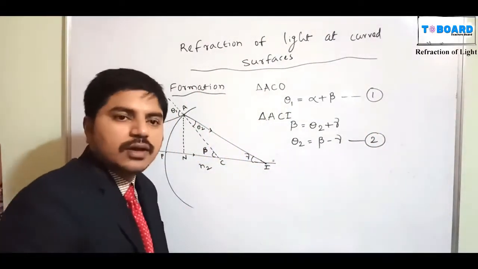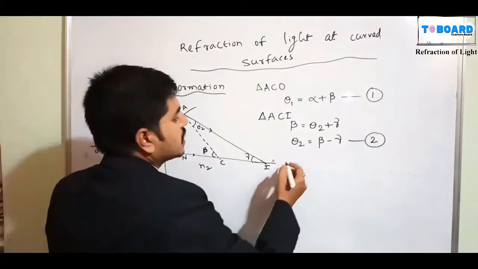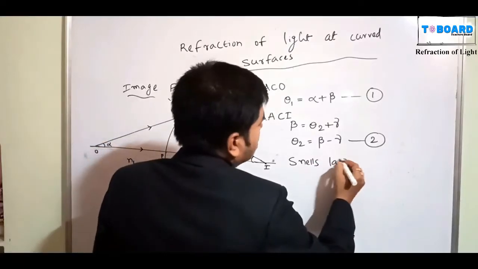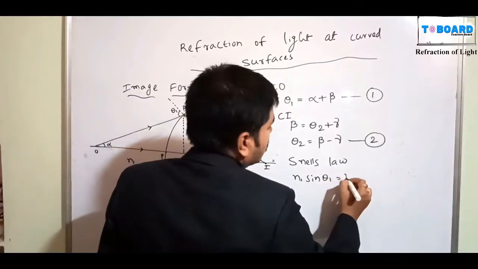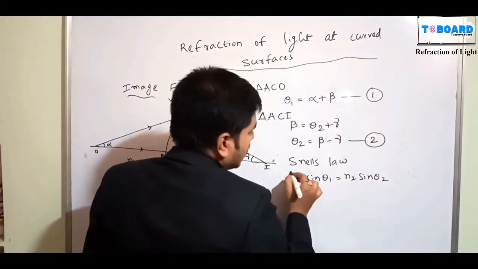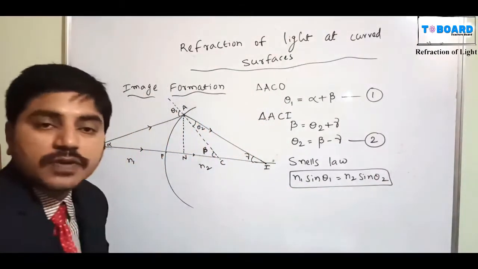Do you know Snell's law? In our lower classes we already learned Snell's law. I am going to write it: N1 sine theta 1 is equal to N2 sine theta 2. In our lower classes we already know we get it from the refractive index values.